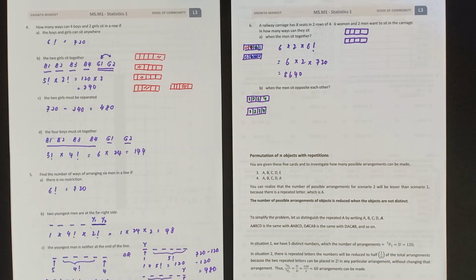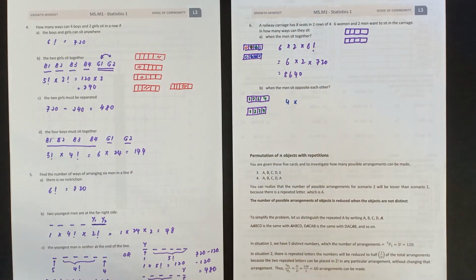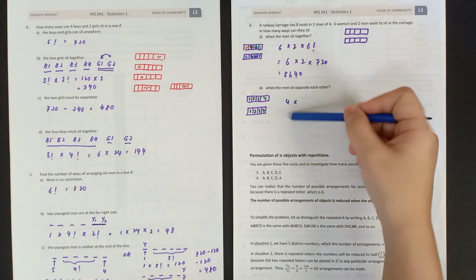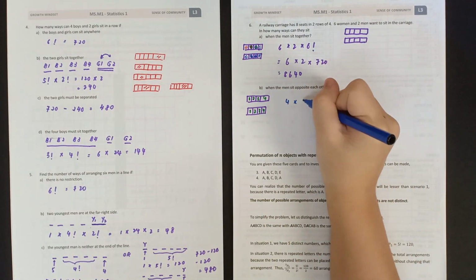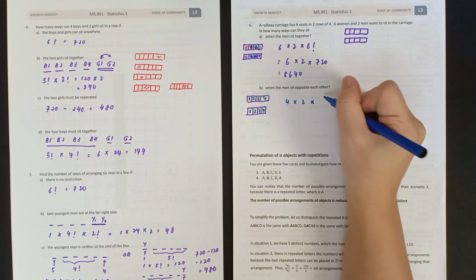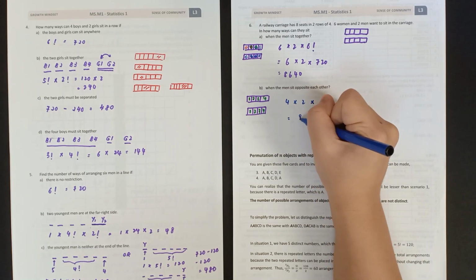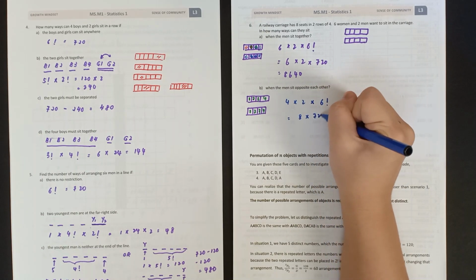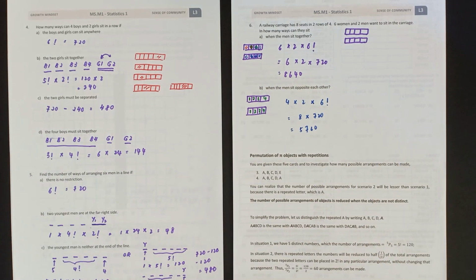So you can see they have 4 choices. Then man 1 can sit here, man 2 can sit here, and of course man 2 can sit here, man 1 can sit there also. So they can interchange themselves, so you need to times 2. The same thing for the women, they can take any place that they want, so 6 factorial, which gives you 8 times 720, which is 5760.